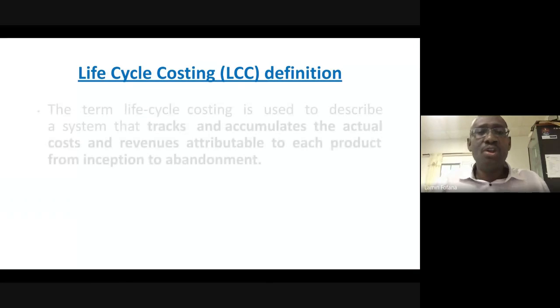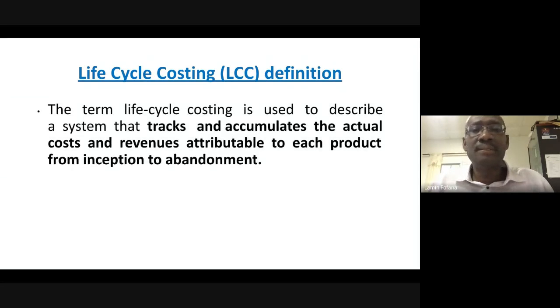Okay, so we look at the definition. Life cycle cost is a technique that tracks and accumulates actual costs and revenues attributable to each product from its inception to abandonment. So what that means is from its inception, not from its launching.